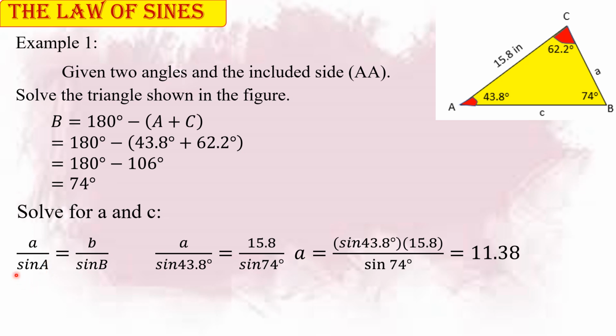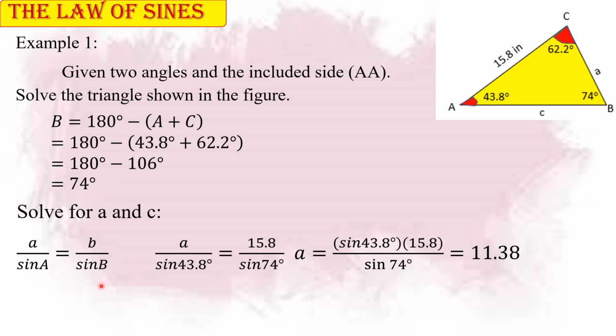So, pwede rin siyang magiging sine A over A, or sine B over B, or pwede ding sine C over C. Okay? So, let's start with the A. So, A over sine A is equal to B over sine B.